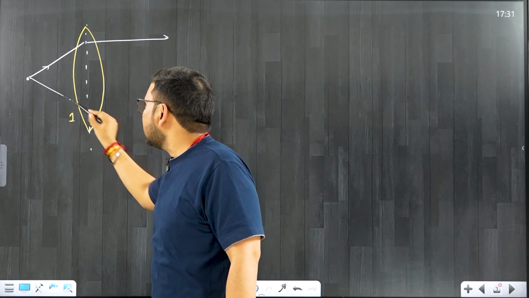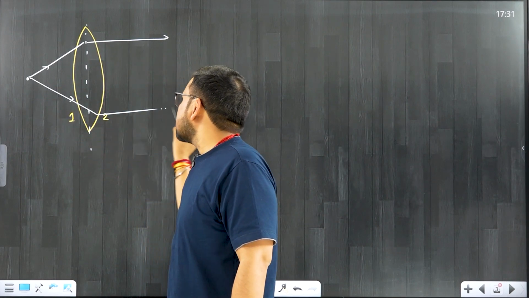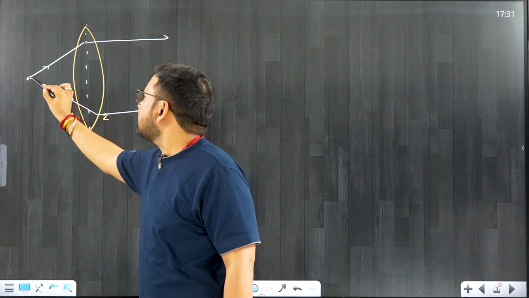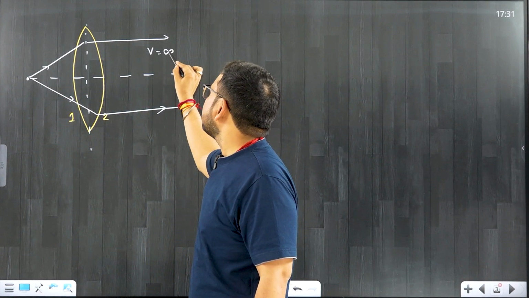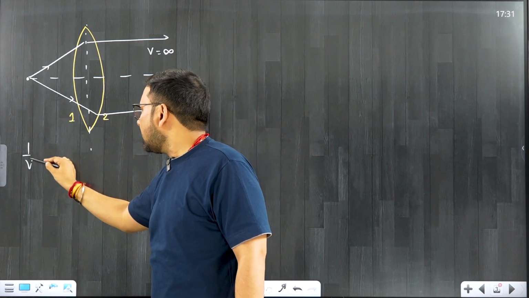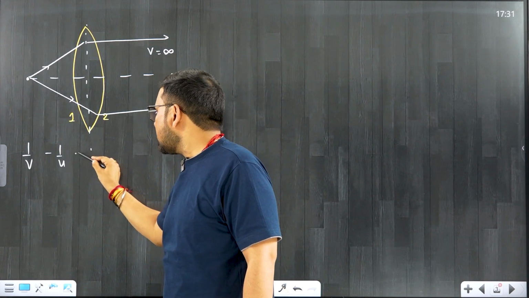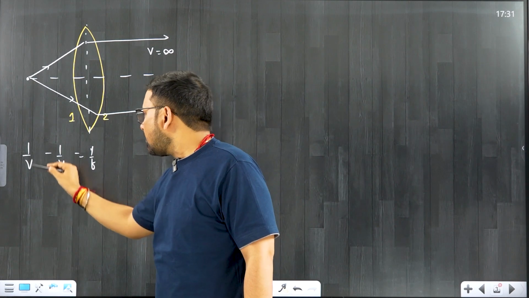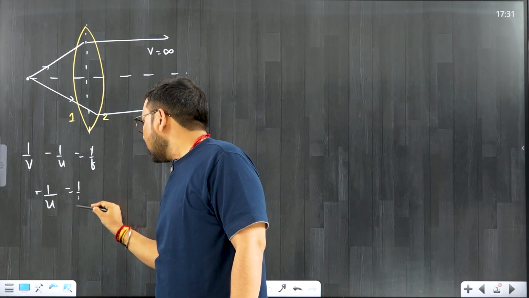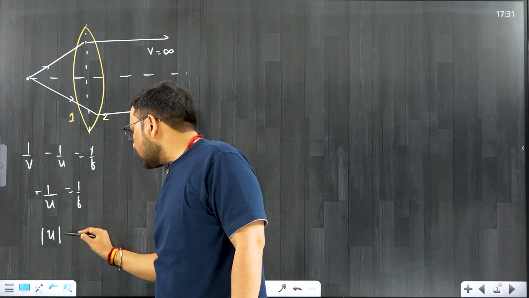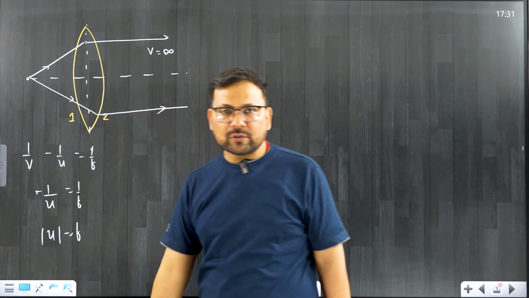Then again from here it is going like this. When the rays become parallel to the principal axis, V is infinity and 1 by V minus 1 by U is 1 by F. So V is infinity, so minus 1 by U is 1 by F. So the object distance becomes one focus.